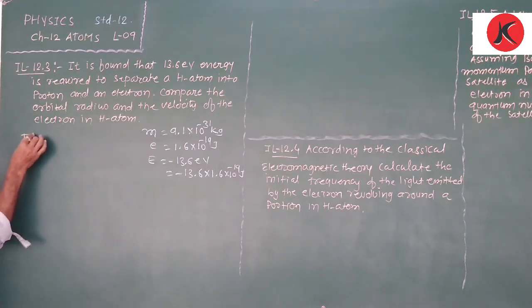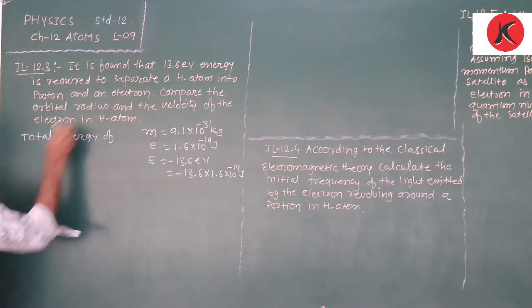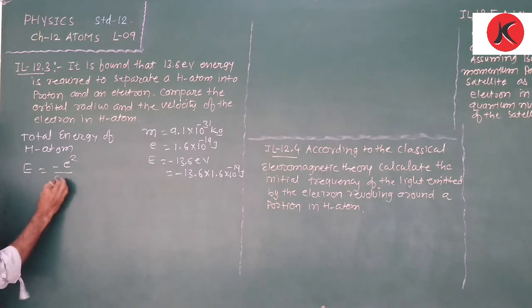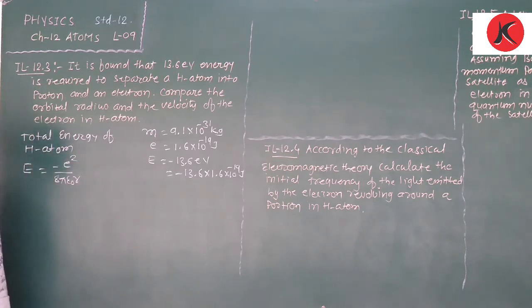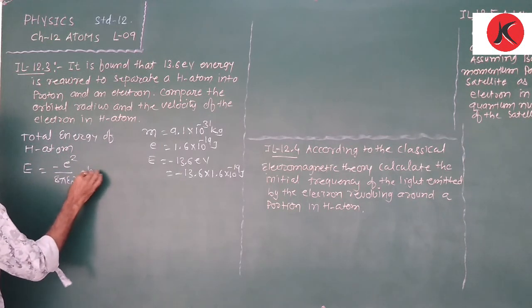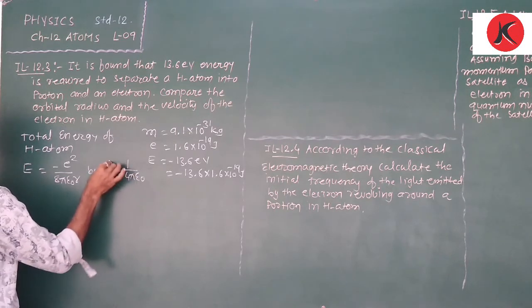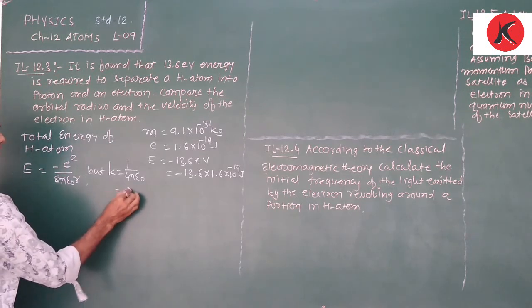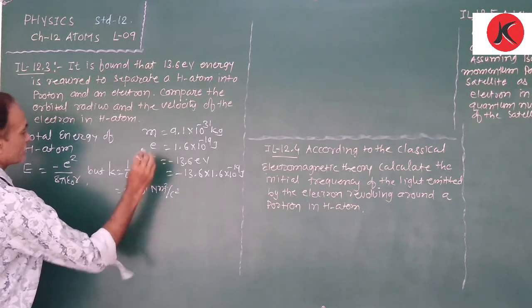Therefore, the total energy of the hydrogen atom, E is equal to minus e square upon 8 pi epsilon 0 r, where r is the radius. But we know that K is equal to 1 upon 4 pi epsilon 0. This is Coulomb's constant, its value is 9 into 10 raised to 9 Newton meter square per Coulomb square.